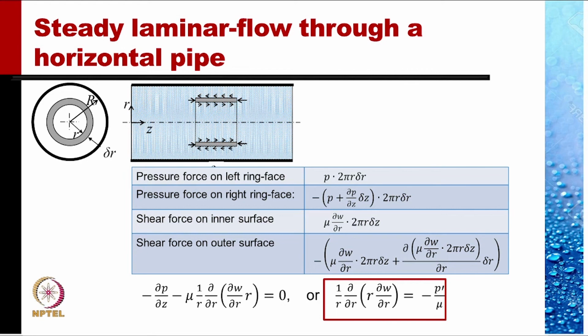So, the sum of all the forces should be 0. So, if we take the sum of all these forces, we get this result, and this now is the equation that governs the flow through a pipe, a fully developed steady flow of an incompressible fluid.